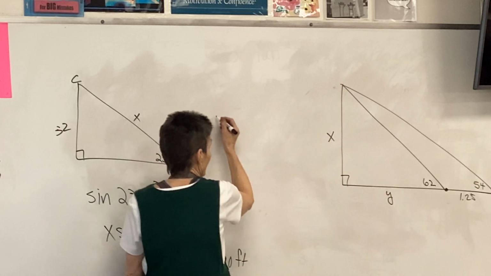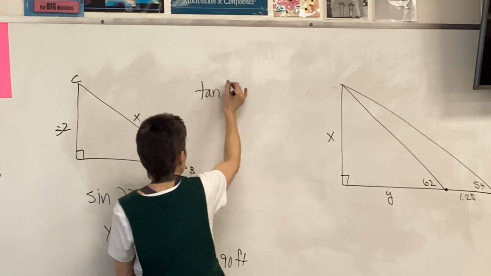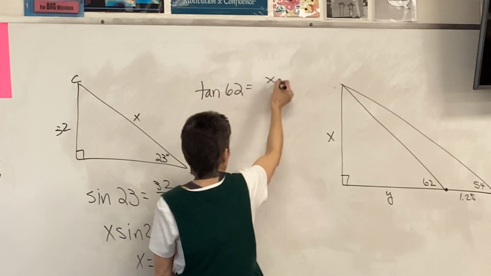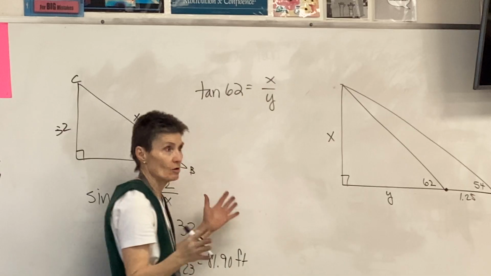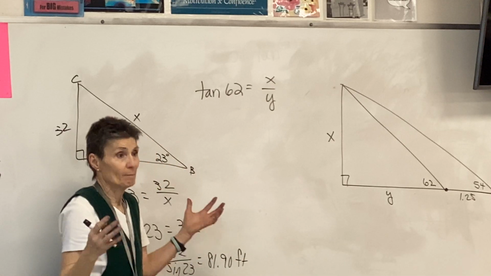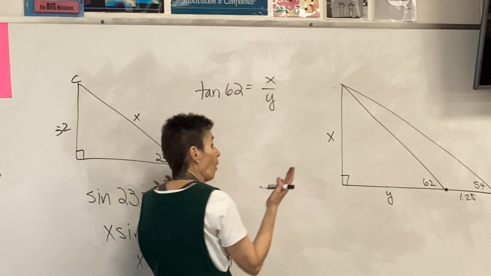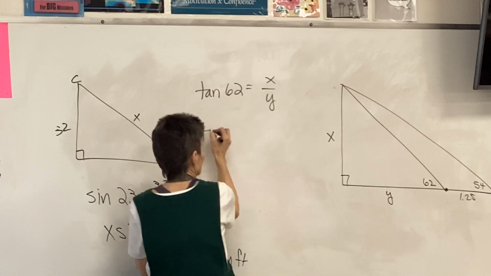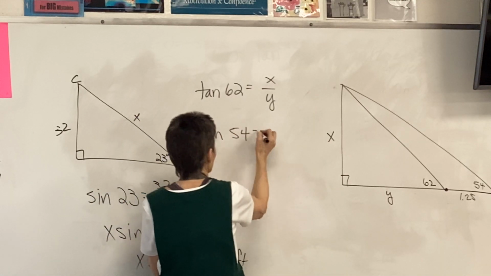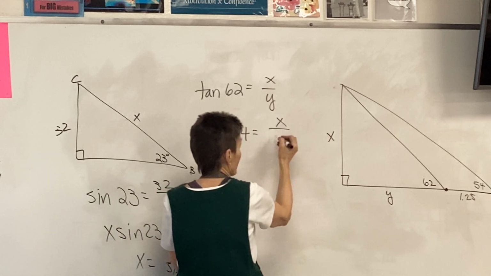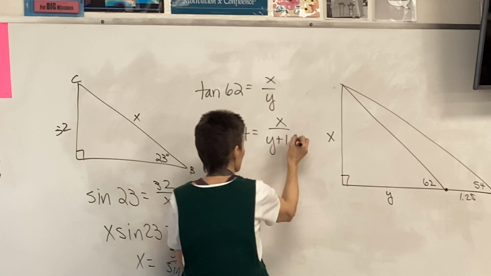And I could say tan 62 equals x over y. Now that is not solvable, it has too many variables, but is it a true statement? And then if I look at the whole triangle, I could say tan 54 equals x over y plus 1.25.